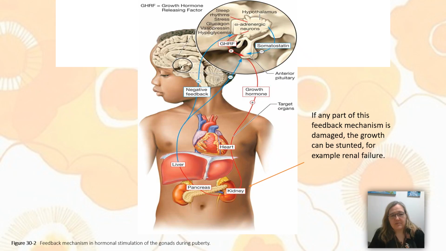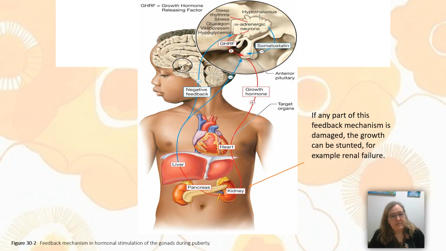As the gonads mature and hormones reach their optimum levels, the feedback mechanism helps maintain that hormonal balance. And this testosterone and estrogen are the primary reasons that you start to have secondary sexual characteristics developing.